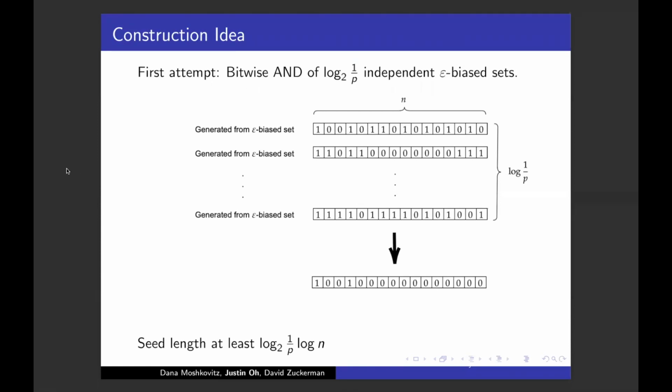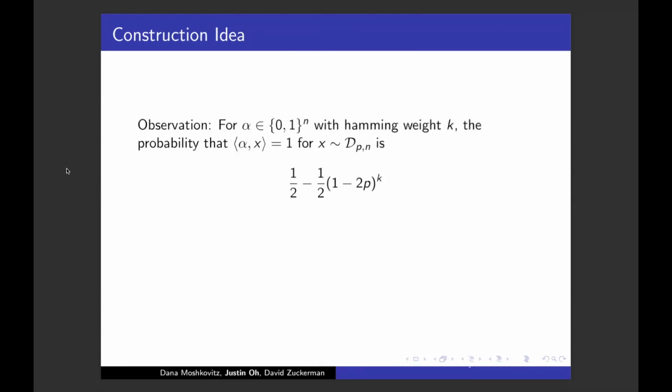So the way to fix this construction and to improve the seed length is this key observation: if you look at some alpha in {0,1}^n with Hamming weight k, the probability that the inner product with x, when x is taken from D_{p,n}, is 1 is 1/2 minus 1/2 times (1 minus 2p) to the k.